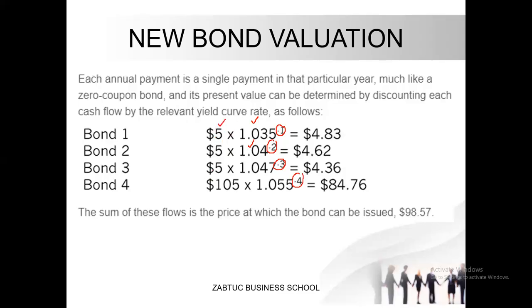Now when you multiply these amounts by the discount factors, you have 4.83, 4.62, 4.36, and 84.76. So the market value of all these cash flows, or the present value, is 98.57.